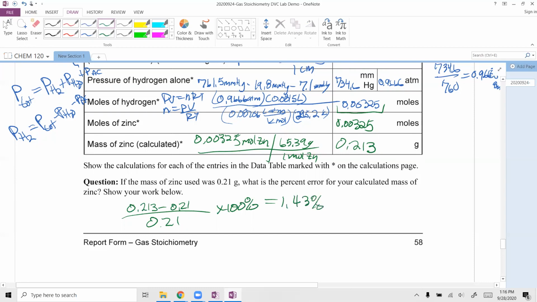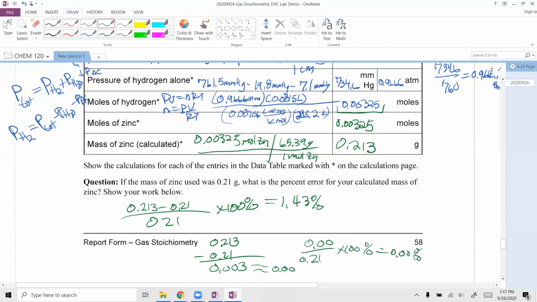1.43%. But interestingly enough, if we were to pay attention to our significant figures, 0.213 minus 0.21, this really becomes 0.003, which is 0.00 when we pay attention to our significant figures. 0.00 divided by 0.21 becomes 0%.